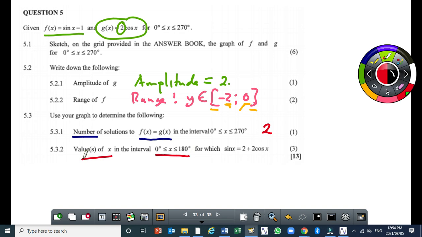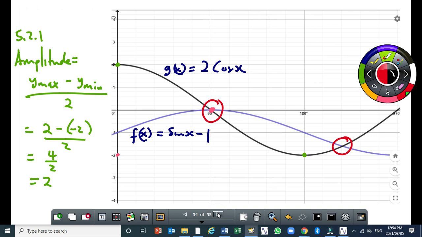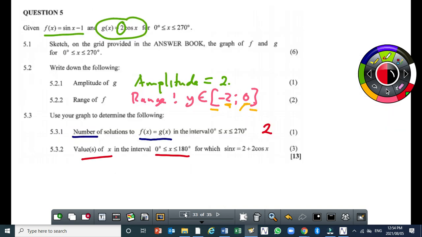Now, for you to be able to do this question, you need to be aware that we can simplify that equation. We can write that equation as sine x equal to 2 plus 2 cos x.